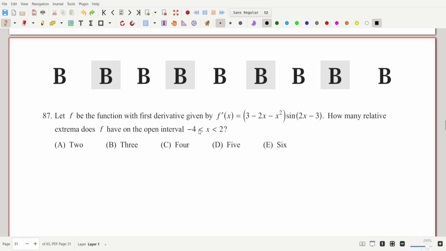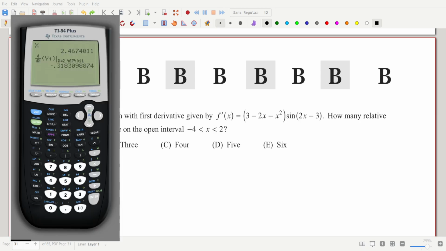87, let f be the function whose first derivative is given by whatever. How many relative extrema does f have? Okay, just graph and count the number of crossing points. So let's graph this. Three minus 2x minus x squared.